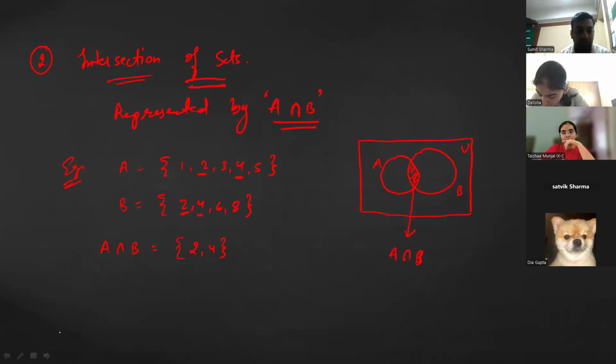Similarly, A intersection B is represented by and. If you have A intersection B, then it can also be called as A and B. So and basically means intersection, or basically means union, right? Now let us come to the third one.